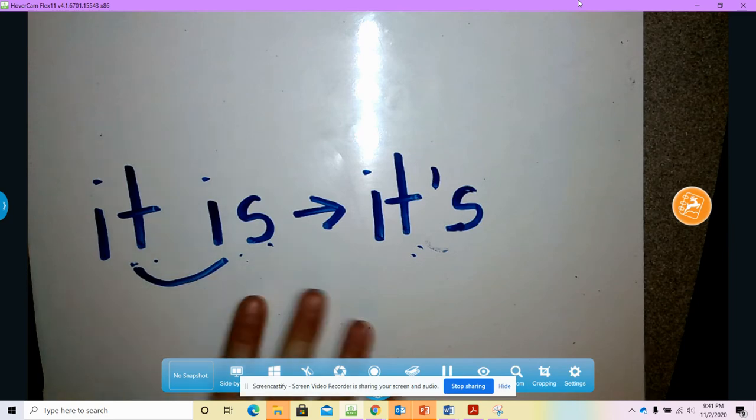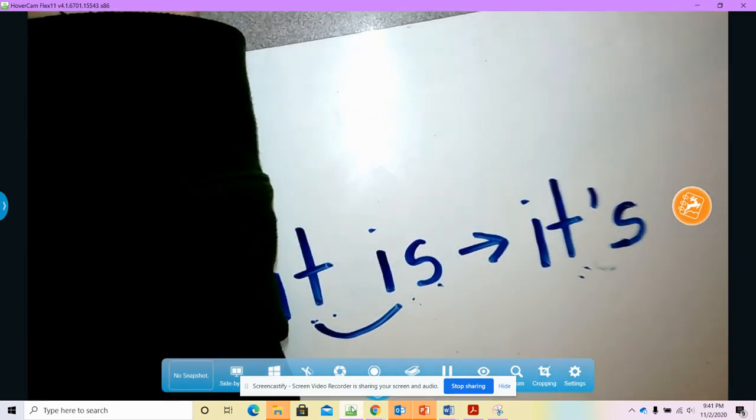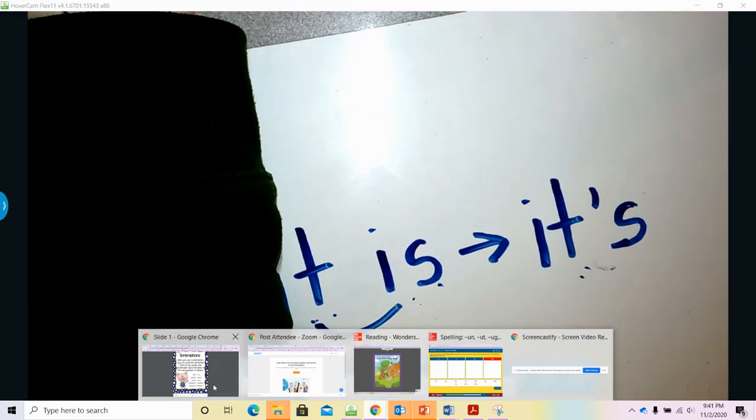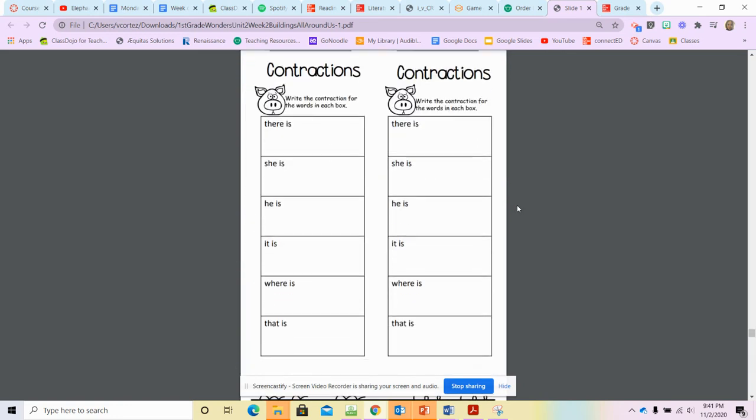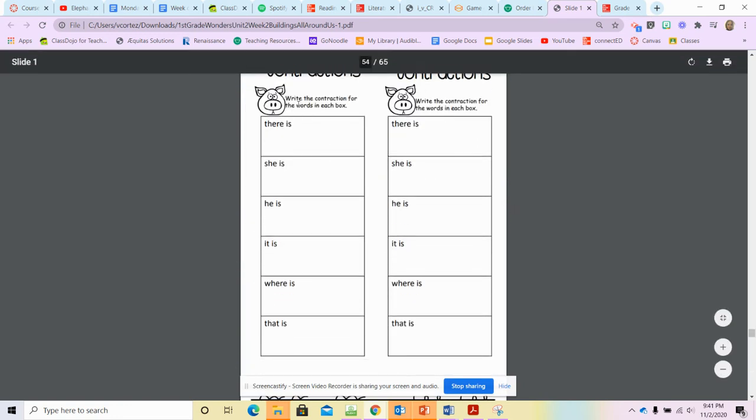So for your work today, you're going to be doing a worksheet that looks like this. So it says contractions. Write the contraction for the word in each box. Now your worksheet has the same words. You only have to do one side of it, okay? Ignore the other side because they're the same words. So it says there is.